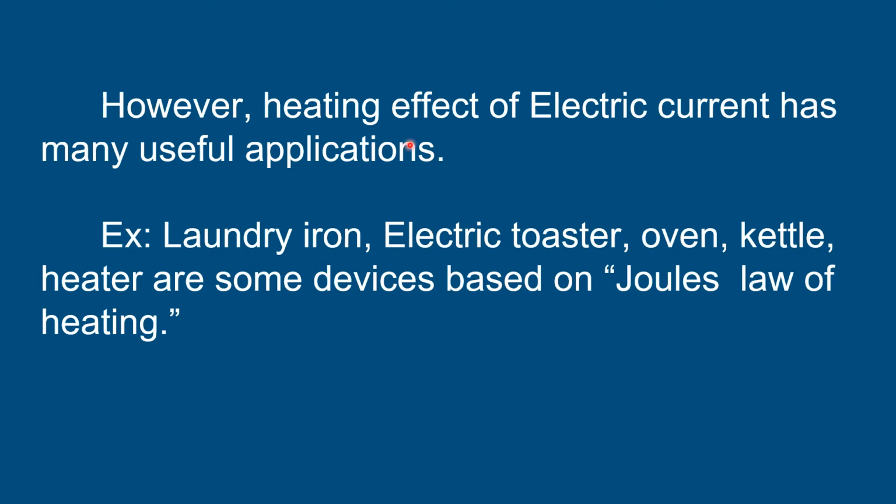However, heating effect of electric current has many useful applications. Laundry iron, electric toaster, oven, kettle, and electric heater are some devices based on Joule's law of heating. These are some appliances which work on Joule's law of heating.